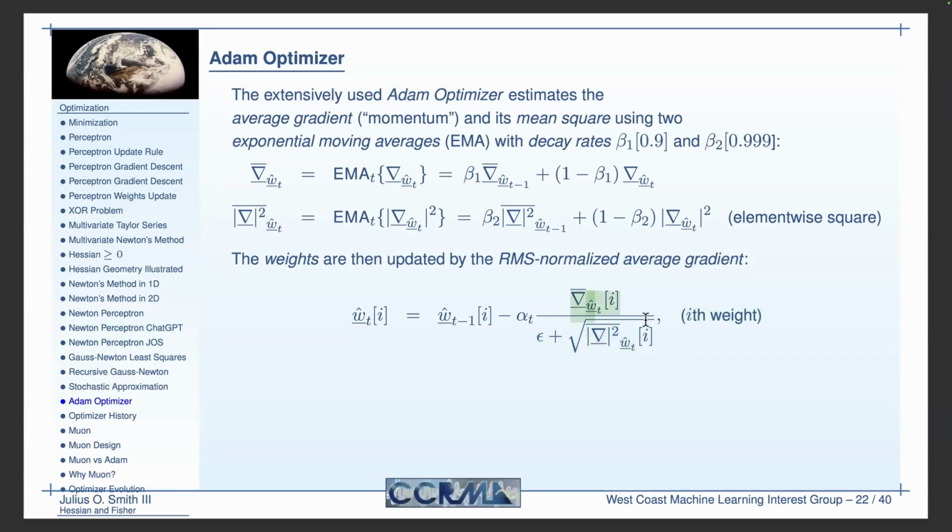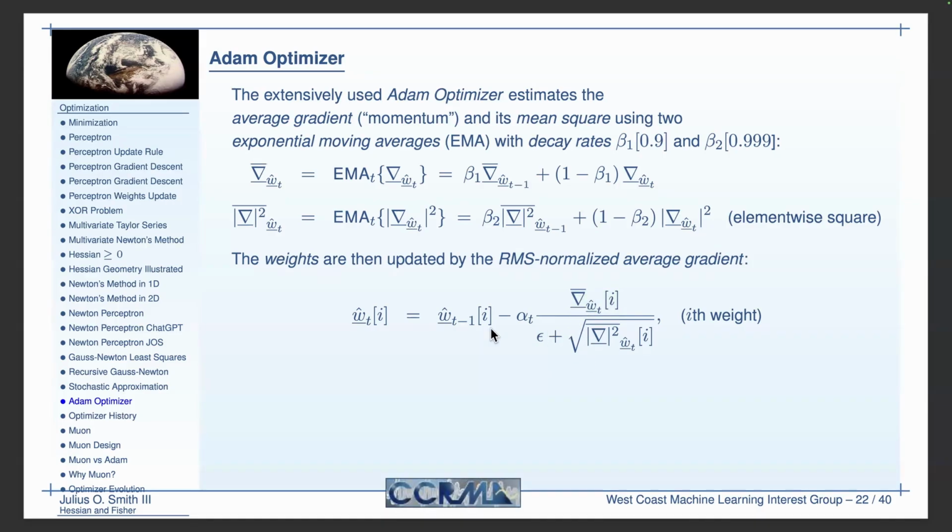So each weight component is individually normalized, so that it's that component of the gradient divided by what you can think of as the RMS level of that gradient.